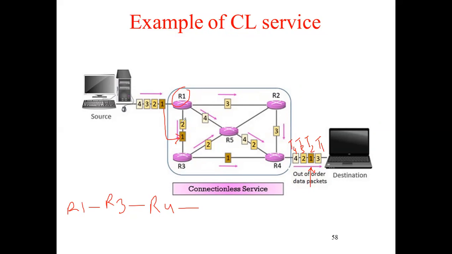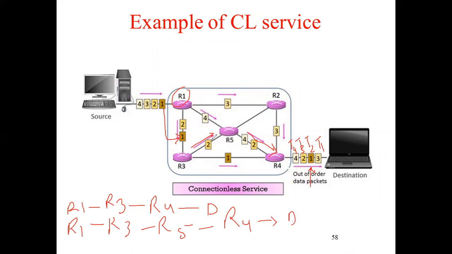One is moving in this direction, you can see, then two is moving in this direction and reaching through this. So two is moving from R1, then it is going to R3, then to R5, and then to R4, and then it is reaching the destination.